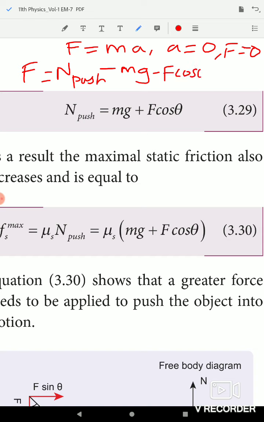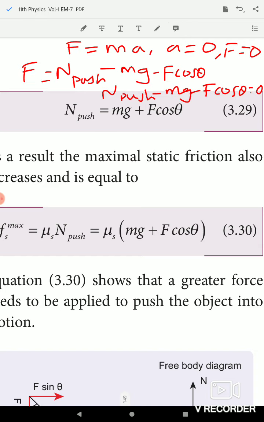These forces are equal. So applying Newton's law, you get n push minus mg minus F cos theta equal to 0. Do you understand this one? So n push equal to mg plus F cos theta.